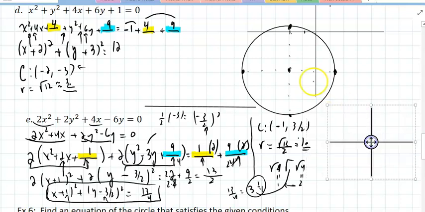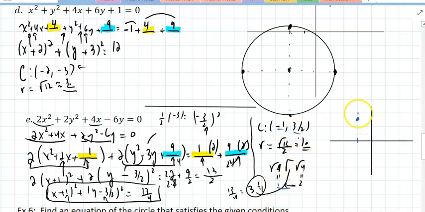So here, I will move 1 to the left, and 1.5 up.